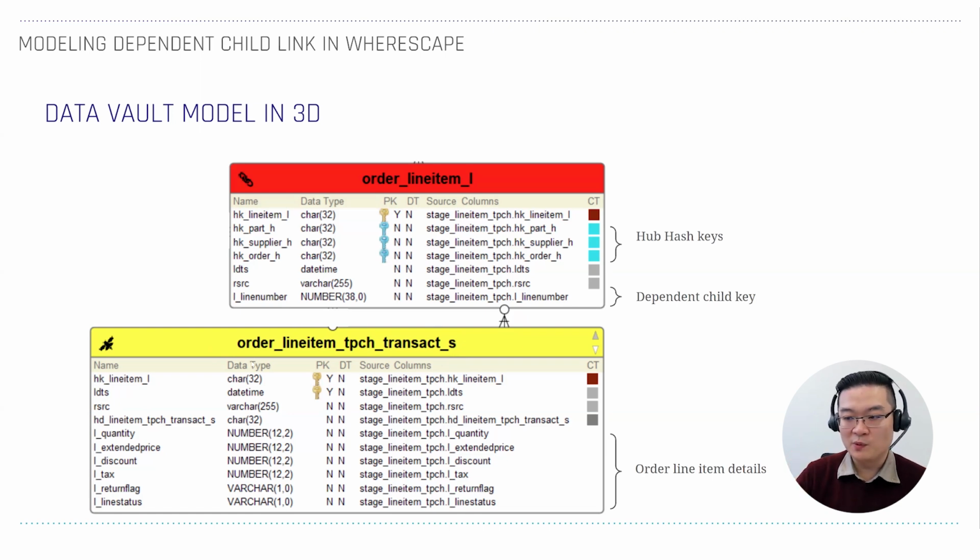Basically, just remove the model conversion that would split the transactional satellite so that these attributes would stay in the link, right? It's a quite easy customization. And then that's it. Yeah, that's pretty much it.